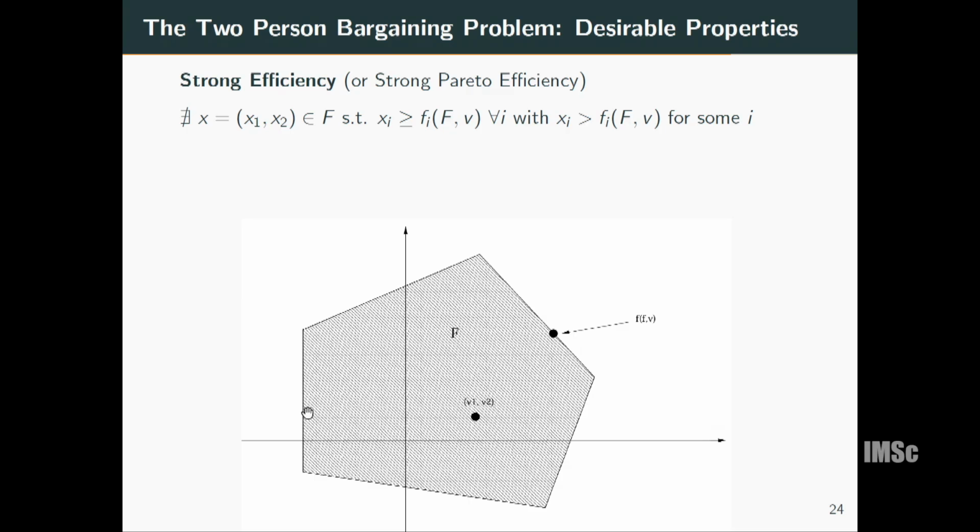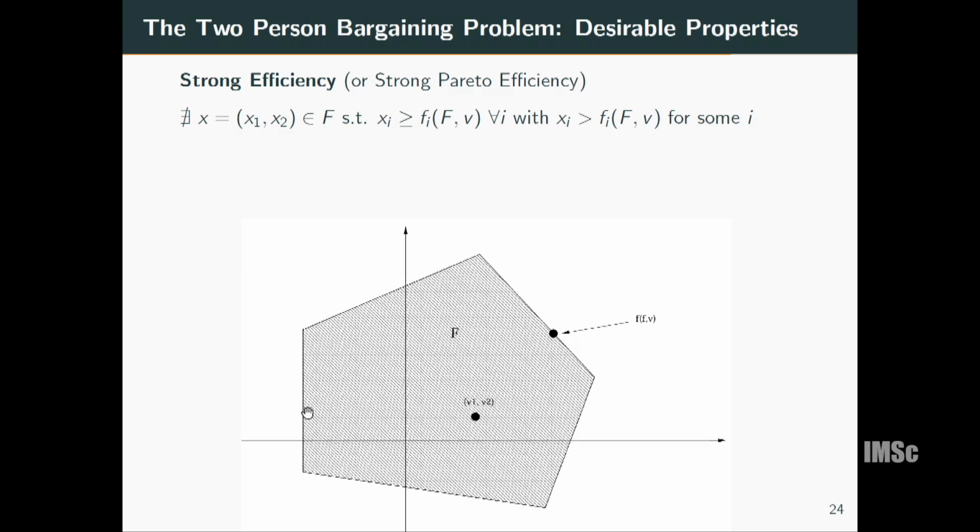So, basically there does not exist any solution such that x_i is greater than or equal to this good solution, and x_i is strictly greater than this solution for some i. Is this definition okay? This is the simple Pareto optimal definition.